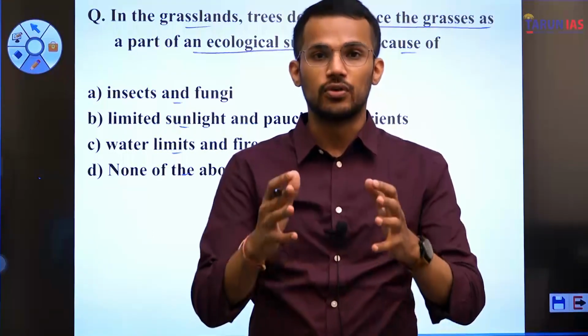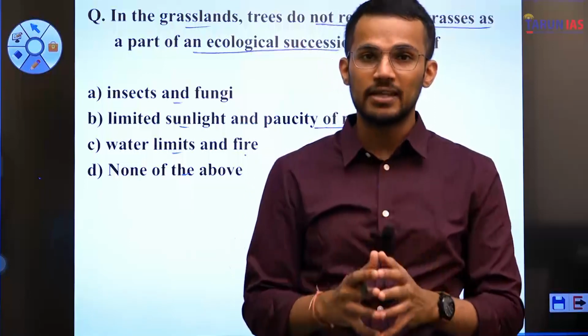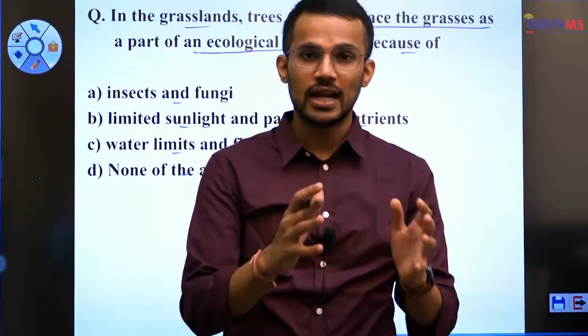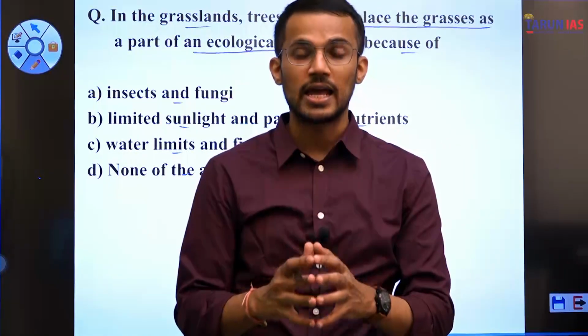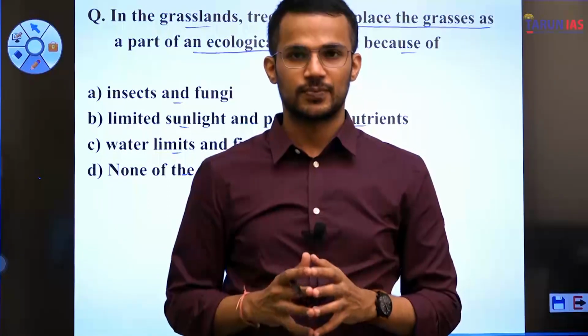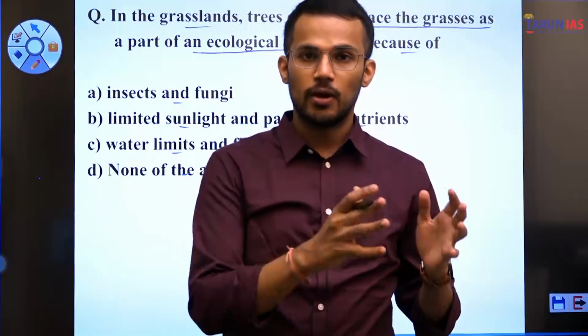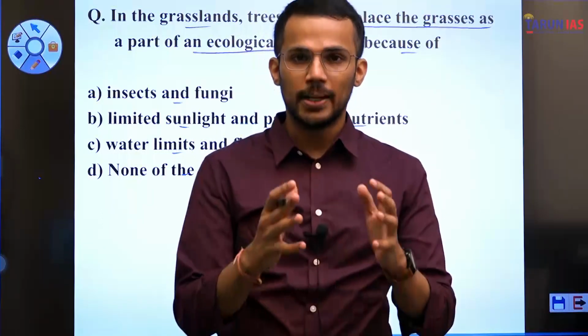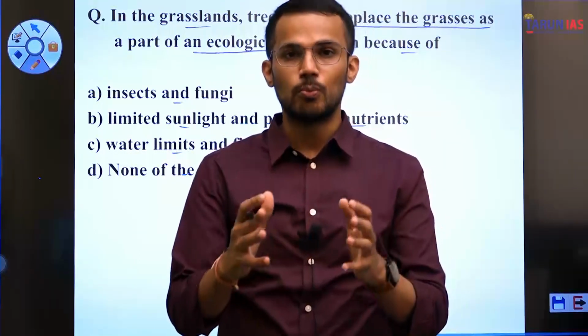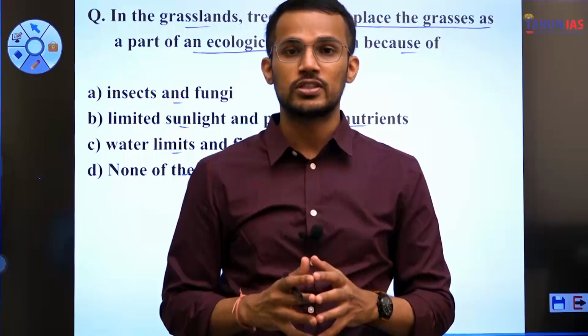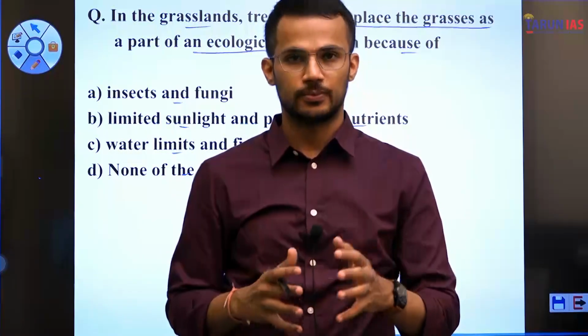When life re-originates on this barren land, that kind of succession is known as secondary succession. Fine. So, ecological succession makes sure that the species composition of a particular ecosystem keeps on changing.